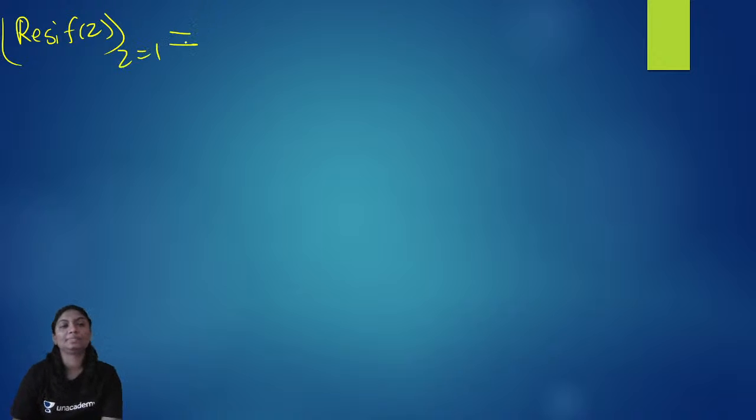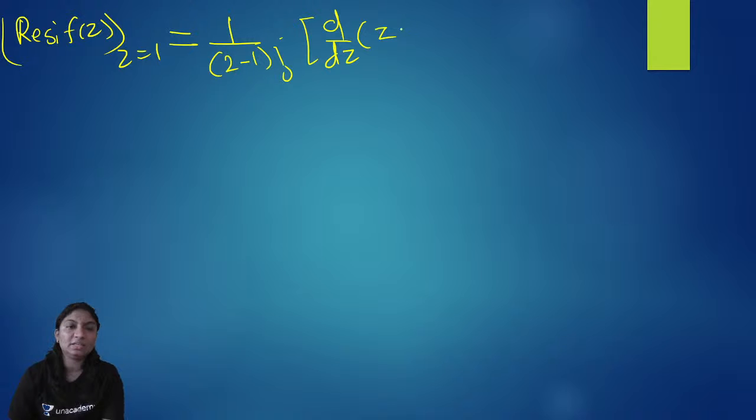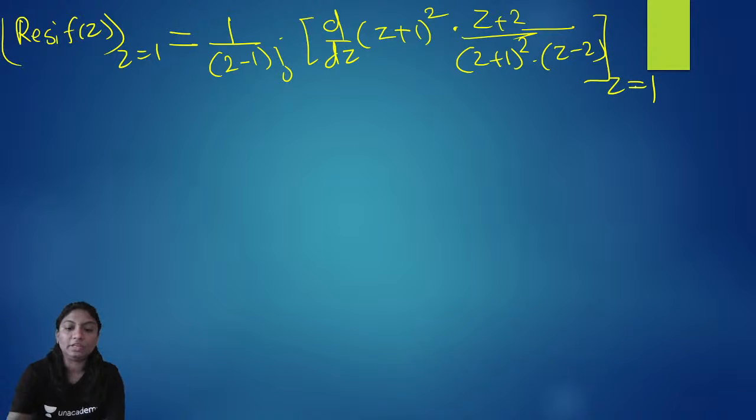The residue of f is 1 upon (n minus 1) factorial, that is 1 factorial, d by dz of (z plus 1) raised to n, into f of z, where f of z is (z plus 2) upon (z plus 1) whole squared into (z minus 2), at z is equal to minus 1.